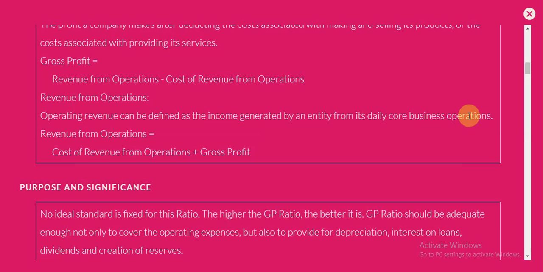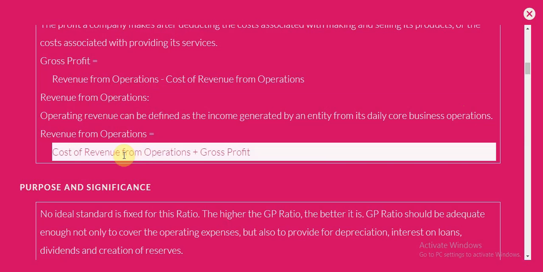You could have some income, like income received from rent, maybe from letting your factory premises on rent. Those incomes are from non-core business operations, so those will not get added here. Revenue from operations is the income that you receive purely from your core business operations.